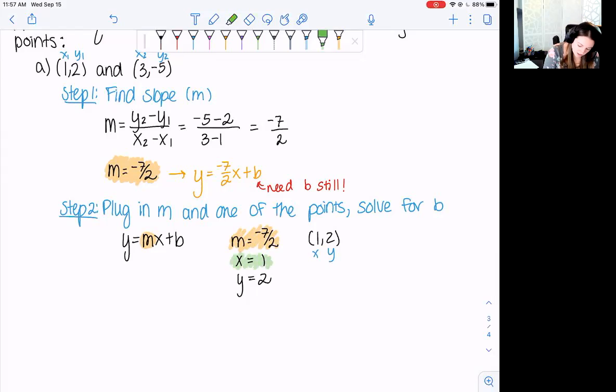We have x equals 1. We're going to plug that in for this x here. And then plugging in y equals 2.